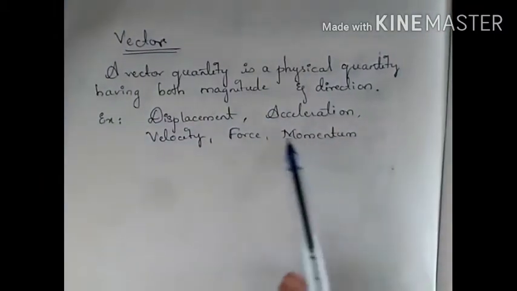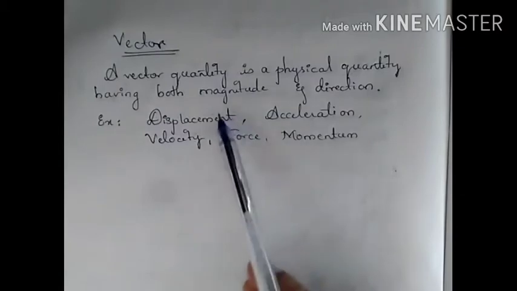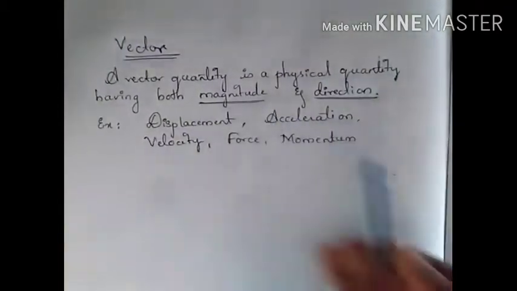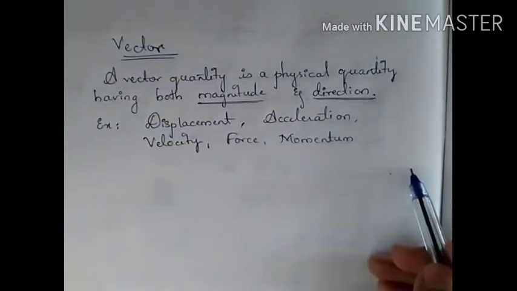These quantities have both magnitude and direction, hence they are known as vector quantities.